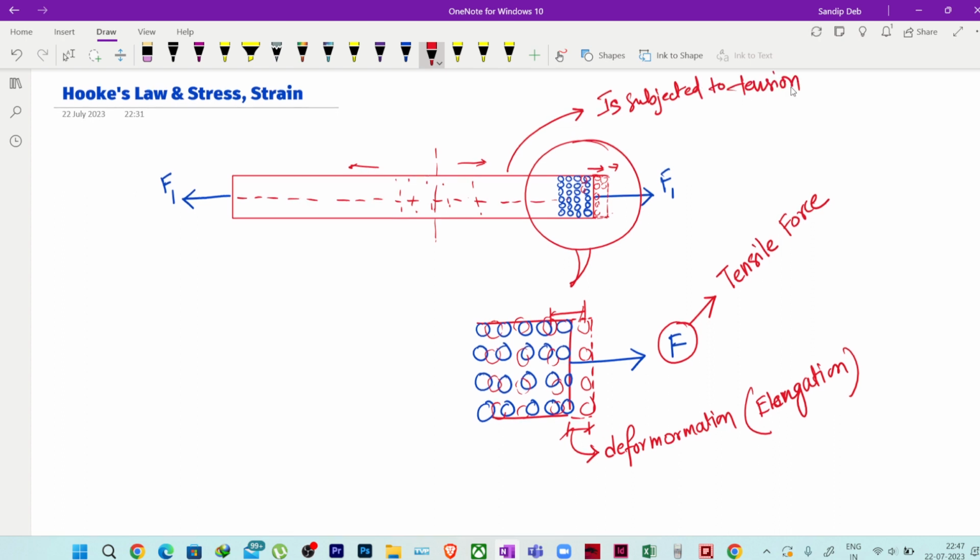There can be many other cases of tension, but I'm just explaining in this way. There can be tension due to bending and all these things, we will see later, but now this is the very fundamental that we have started.